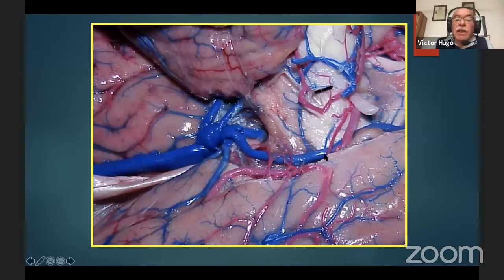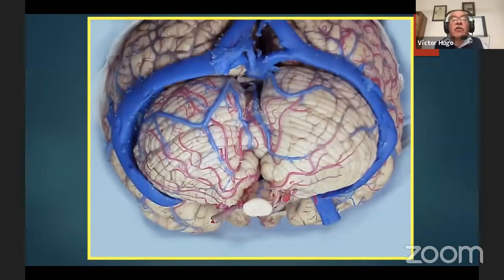These are the Rosenthal basal veins and the internal cerebral veins. This is another picture of the posterior aspect of the brain, and some occipital veins, the straight sinus, and the venous confluence.